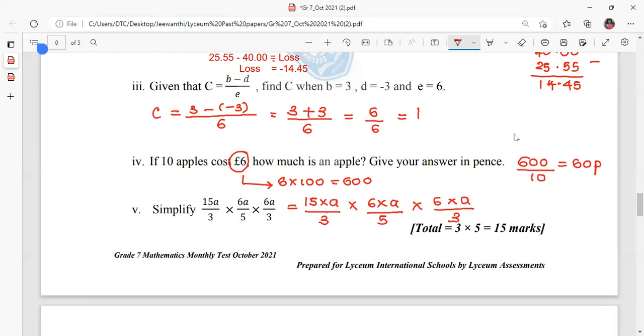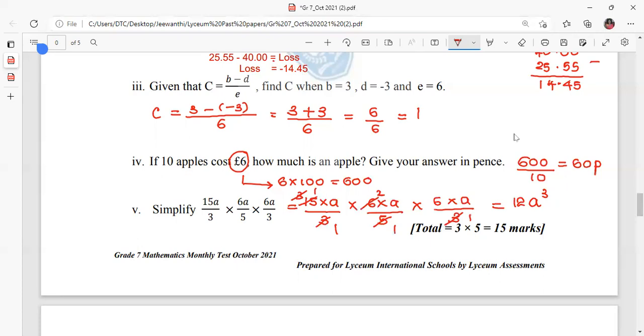I expanded because it's easier for me to simplify. 5 times 1 and 5 times 3. 3 times 1 and 3 times 1. 3 times 1 and 3 times 2. Now what happened in the denominator? We don't have anything. So it is 12, 2 times 6, 12, A times A times A, A to the power 3. This should be the answer, right?